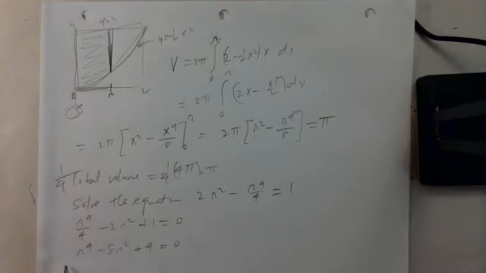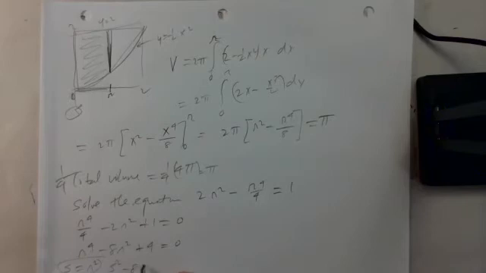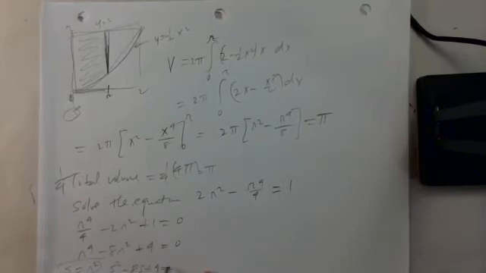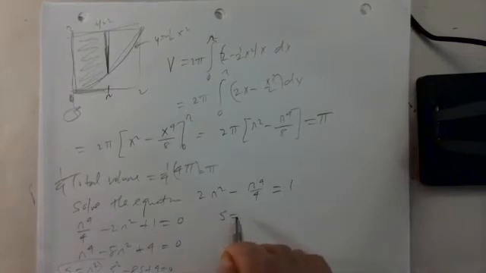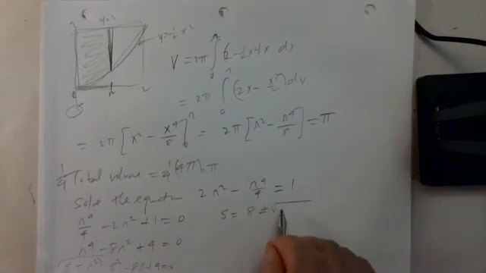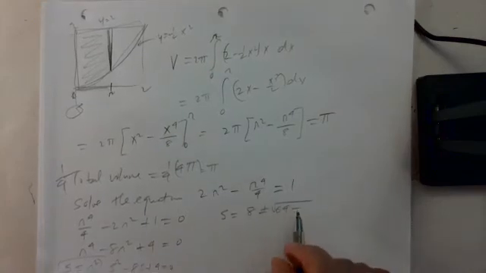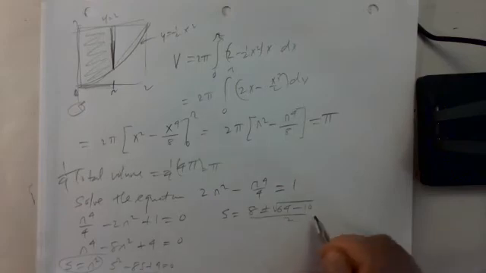Just to make this a little bit easier, if I let s equal r squared, this becomes s squared minus 8s plus 4 equals 0. This is a quadratic equation, and I can solve a quadratic equation. s is equal to minus b plus or minus the square root of b squared minus 4ac. 4 times 4 is 16, over 2.